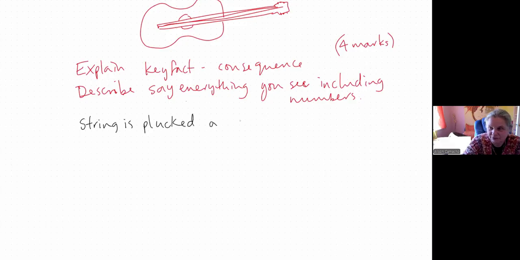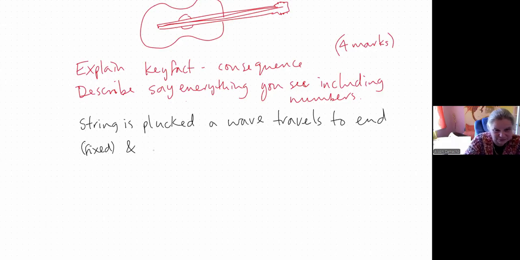A wave travels to the end, okay, which is fixed. So you could put fixed end, right? And what happens? It's reflected. Okay, so now we've got two waves going in opposite directions.